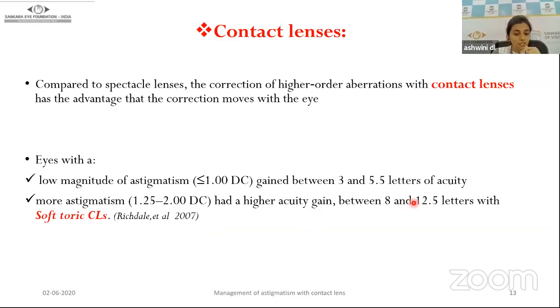Again, there was an improvement in visual acuity of around 8 to 12 to 13 letters with the soft toric lenses. So based on this evidence, we can see that when a person has low or moderate magnitude astigmatism, it is always better to go with soft toric contact lenses compared to spherical soft lenses.